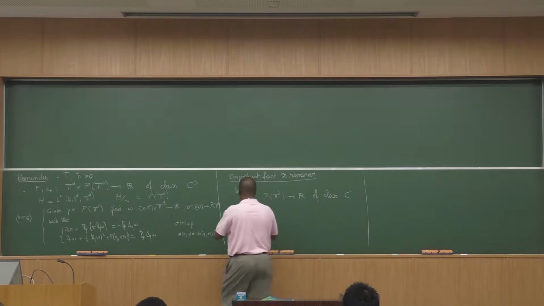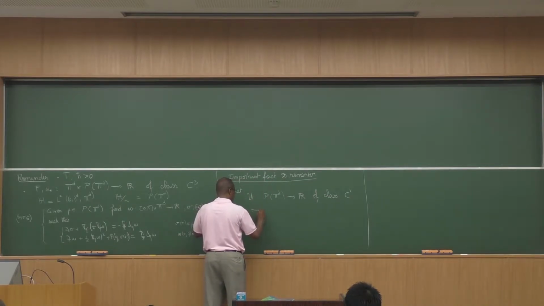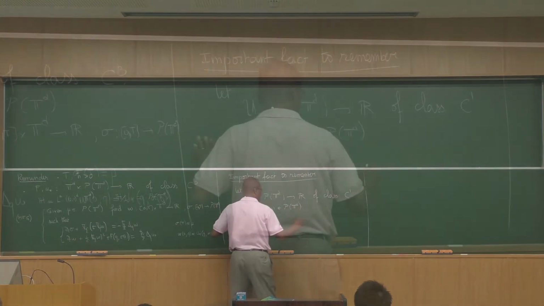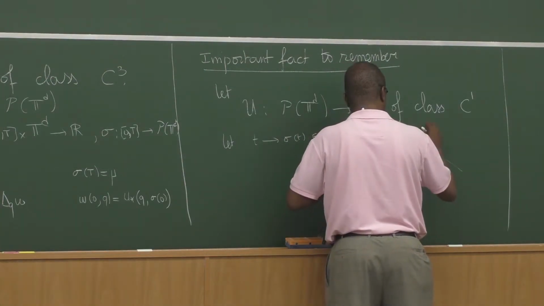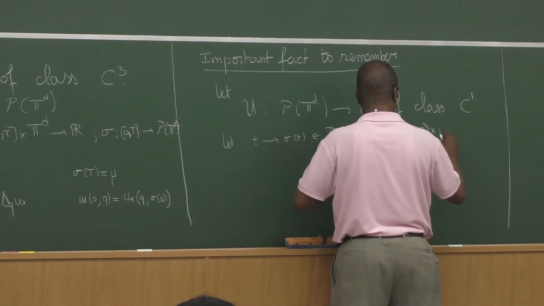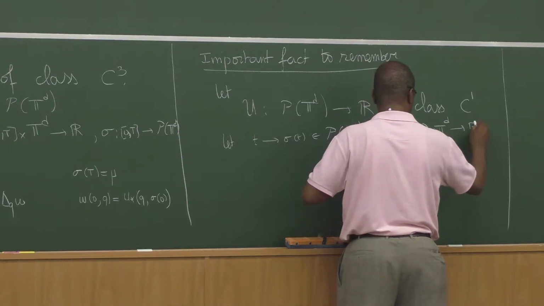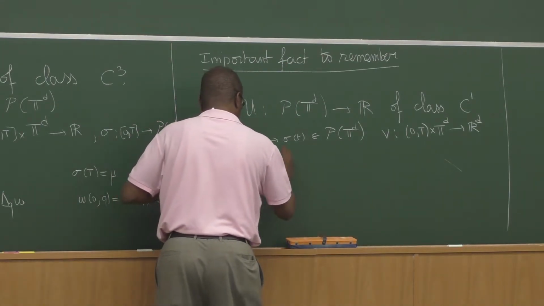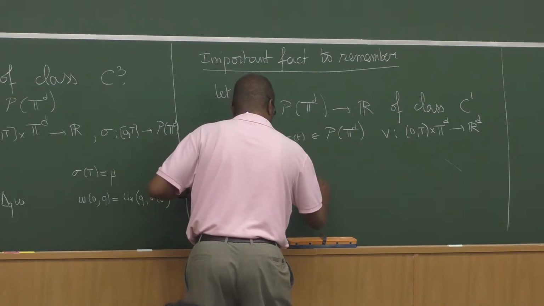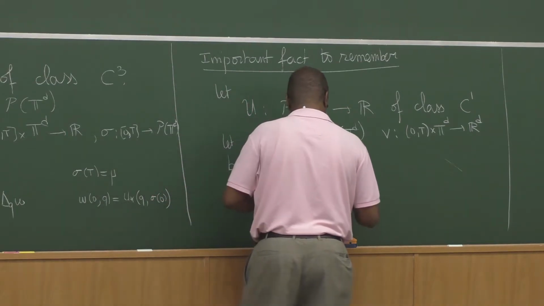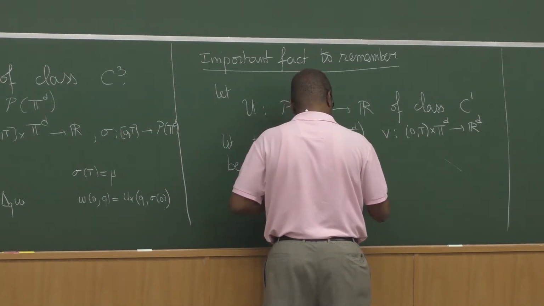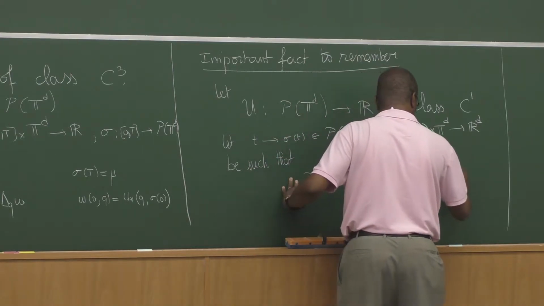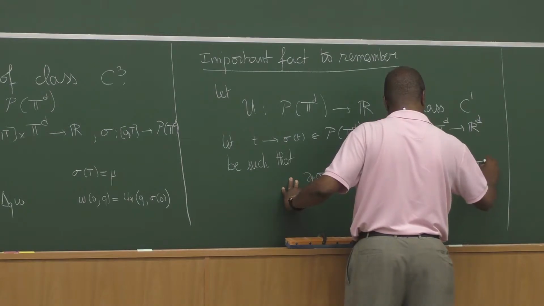And let t go to sigma t be a path in the set of probability measures. Let v be from 0 T cross the torus into R, a vector field, such that the partial derivative of sigma with respect to t plus the divergence of sigma v equals 0 in the sense of distributions on 0 T cross the torus.